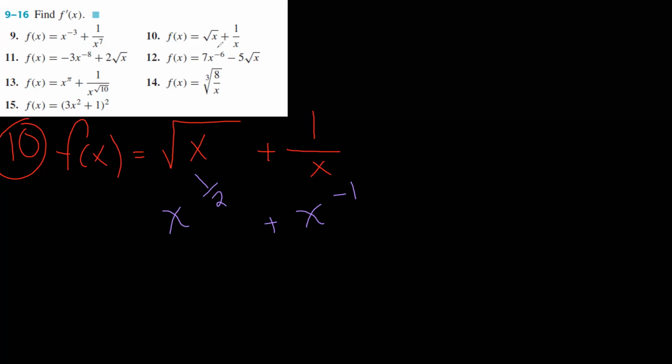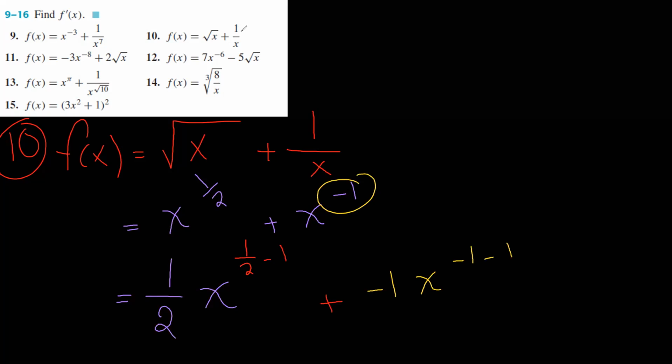Then here, x raised to the power half will be half x raised to the power half minus 1, like n x raised to the power n minus 1, plus negative 1 x raised to the power negative 1 minus 1, which is also n minus 1.